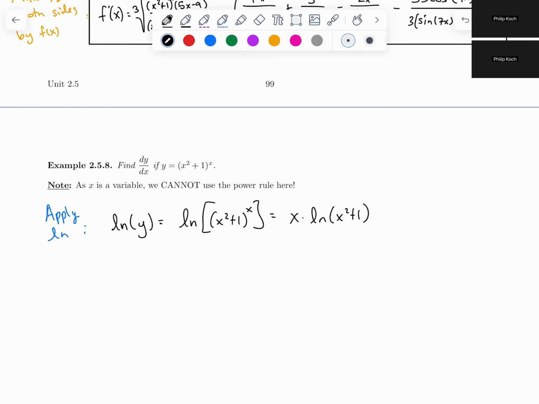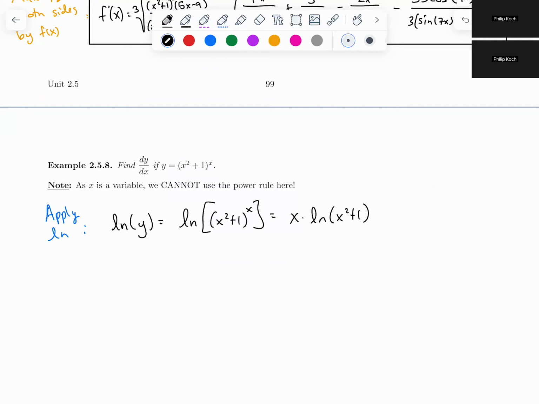Ideally, you can just write apply ln and not worry about expanding it separately. You can do it all at once. Ideally, that's where I'd like you to get to, just utilizing your properties of logarithms to expand it out as it needs to be.